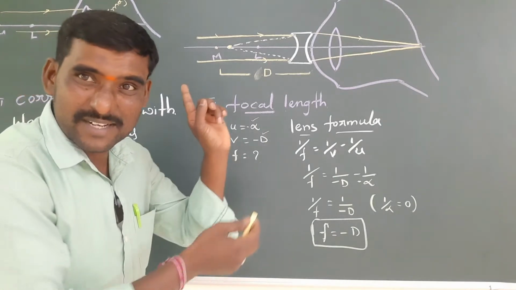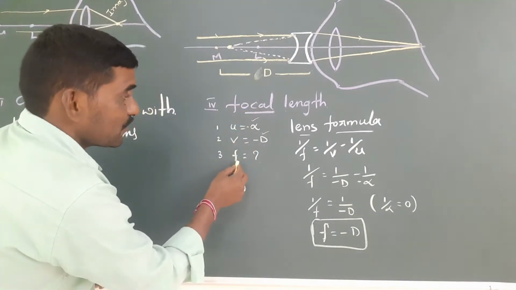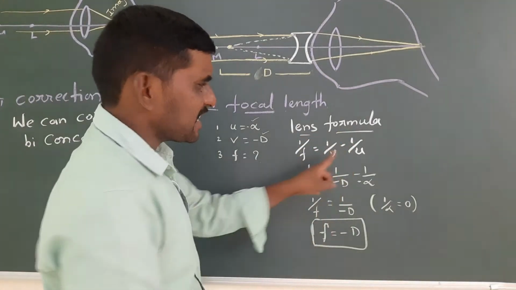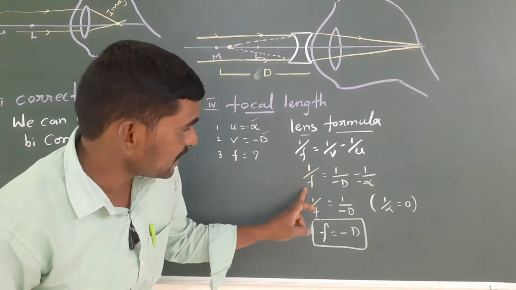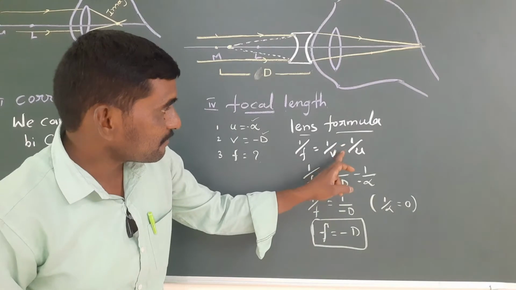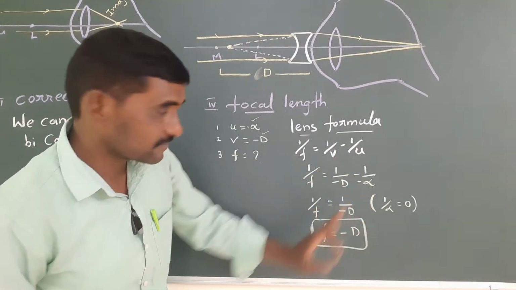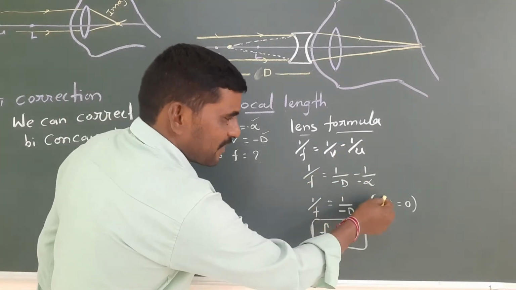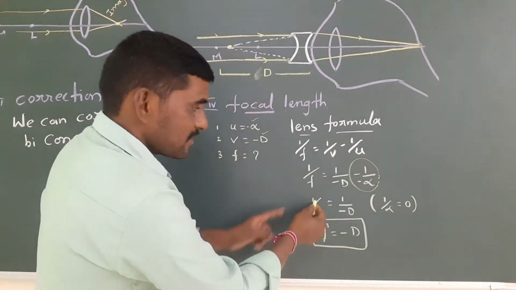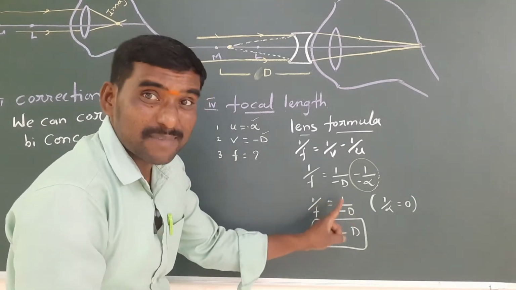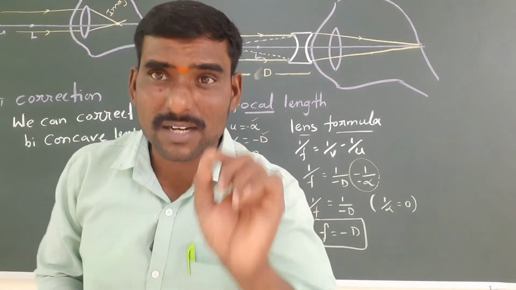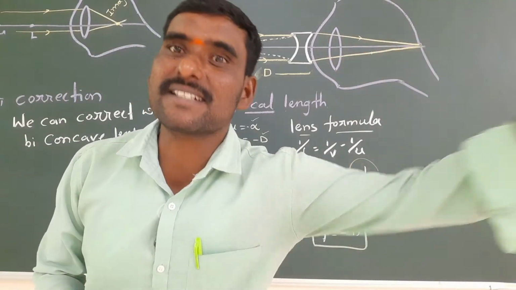You already know the sign convention we discussed previously. So we have to find the focal length. The lens formula is 1 by f equals 1 by v minus 1 by u. 1 by f equals, v means the distance, minus d, minus u means minus infinity. So 1 by infinity means 0, so no need for this term. So simply 1 by f equals 1 by minus d. Then taking the reciprocal, f equals minus d. That means the focal length is equal to the distance.